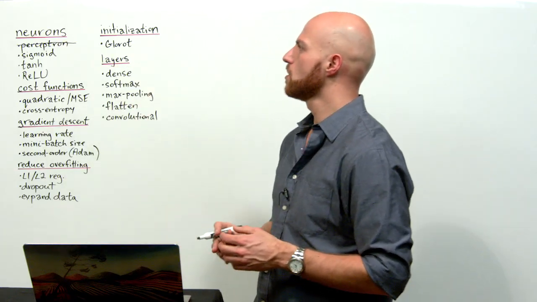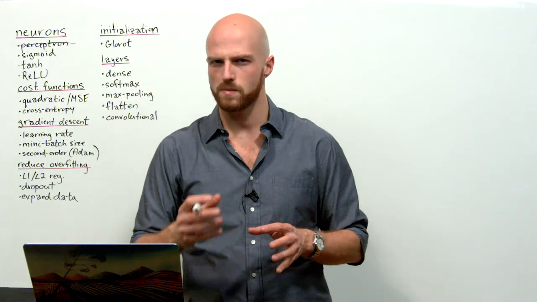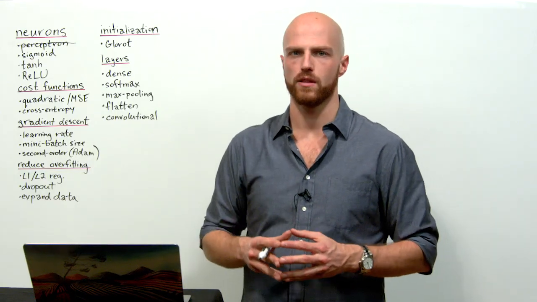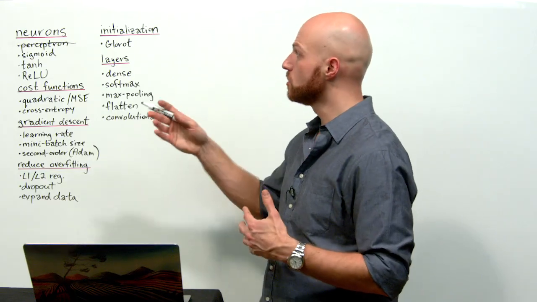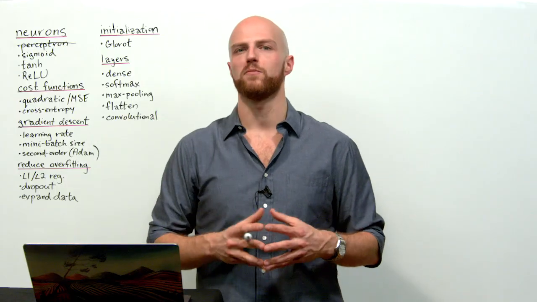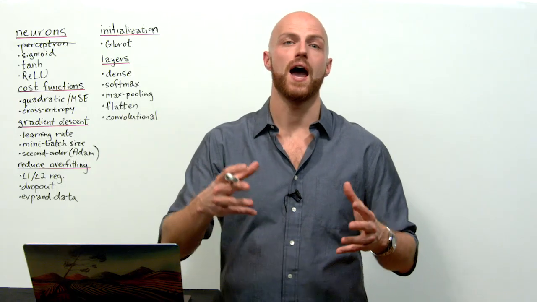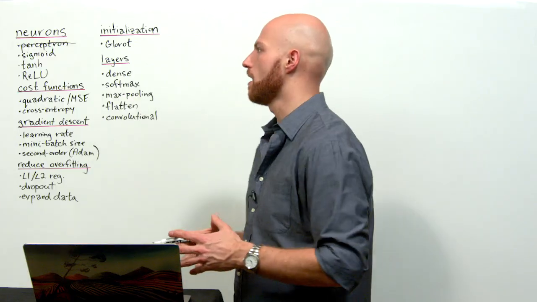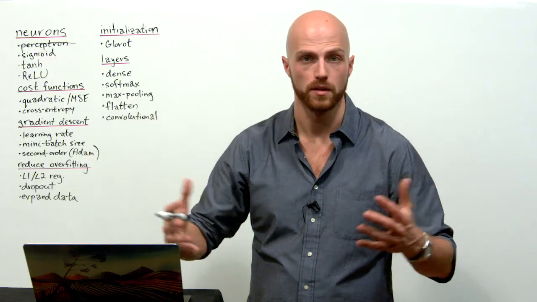Sigmoid neurons, we don't use quite as much. They tend not to train as fast as tanh or ReLU neurons, but they do sometimes pop up, for example, in output layers where we want the output to be from 0 to 1 on those particular bounds, like a probability output.